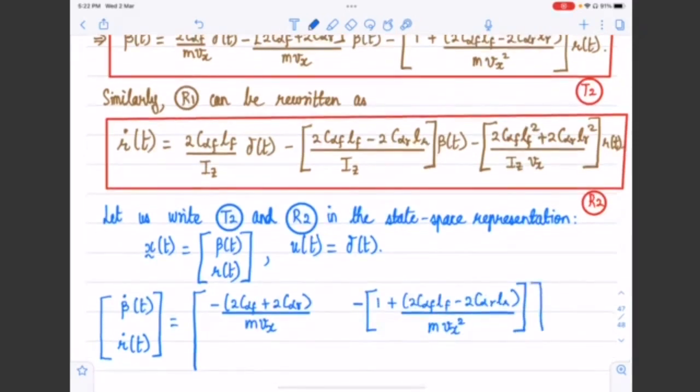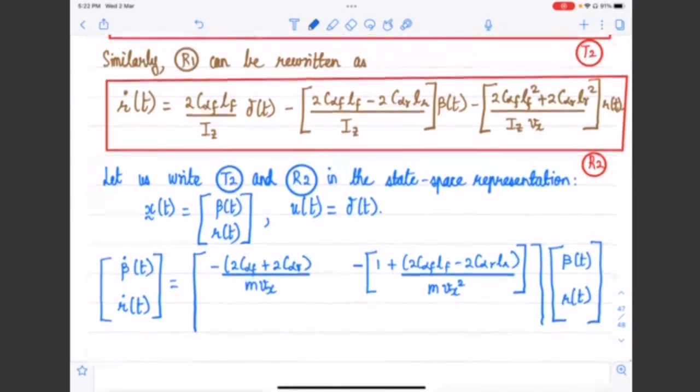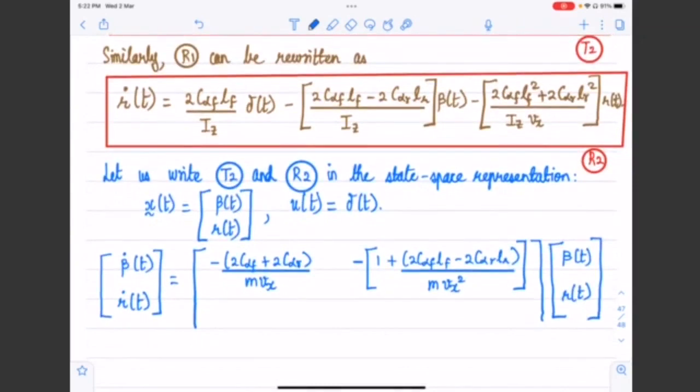These are the two coefficients multiplying beta of t and r of t. So we are slowly forming the state matrix. Now coming to the equation for r dot, what is the coefficient that multiplies beta of t?